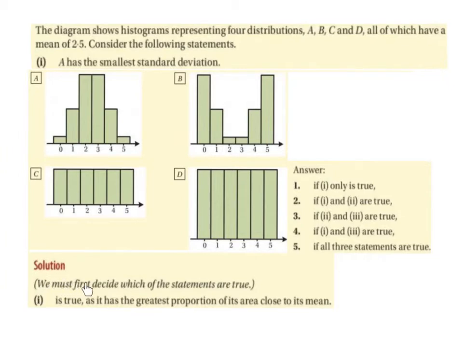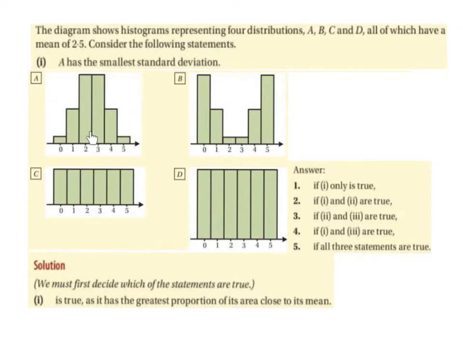So we must first decide which of the statements are true. So statement 1, A has the smallest standard deviation. This statement is true as it has the greatest proportion of its area close to the mean. So remember, the mean is 2.5, which is about here.